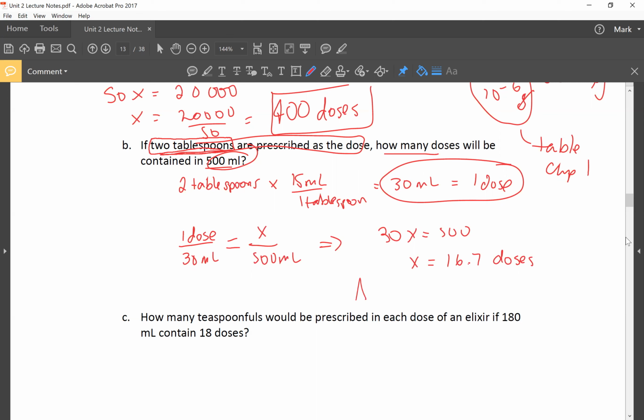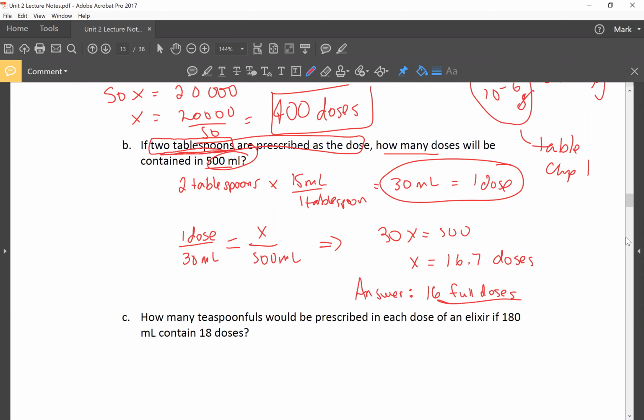So the answer for this, and I'm not really going to take off marks or anything, but you would get 16 full doses from this. You would run out of doses after 16 because it's only 16.7.